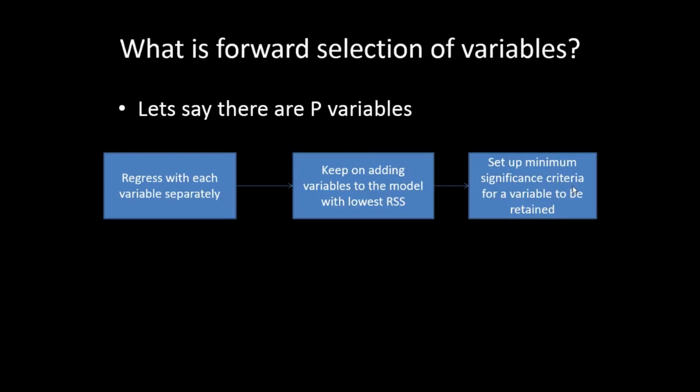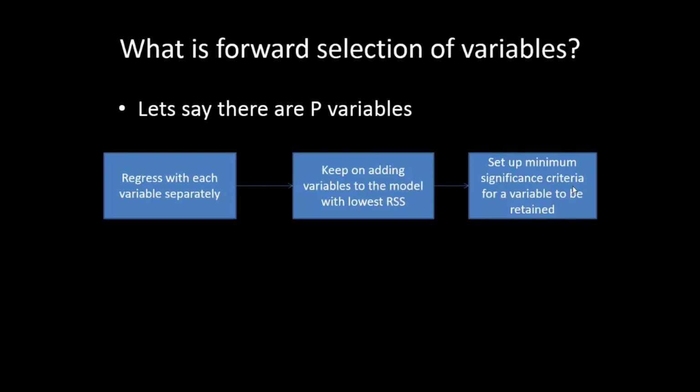So you start with a null model, without any independent variable, and then take the first variable with the least RSS, and then the next variable. Once a variable is included in the model, it will never be dropped from the model. That's a criterion for forward selection, right? The moment the minimum significance criteria is not met, we do not go further and we stop there.